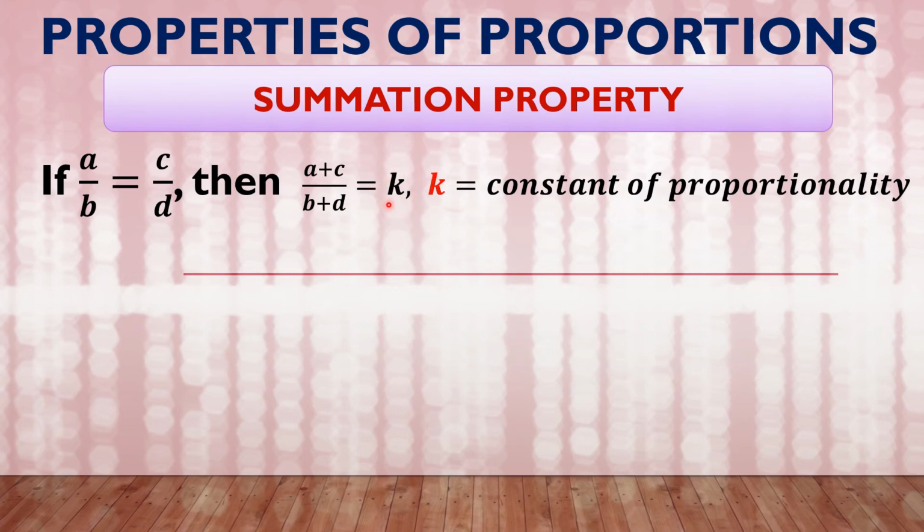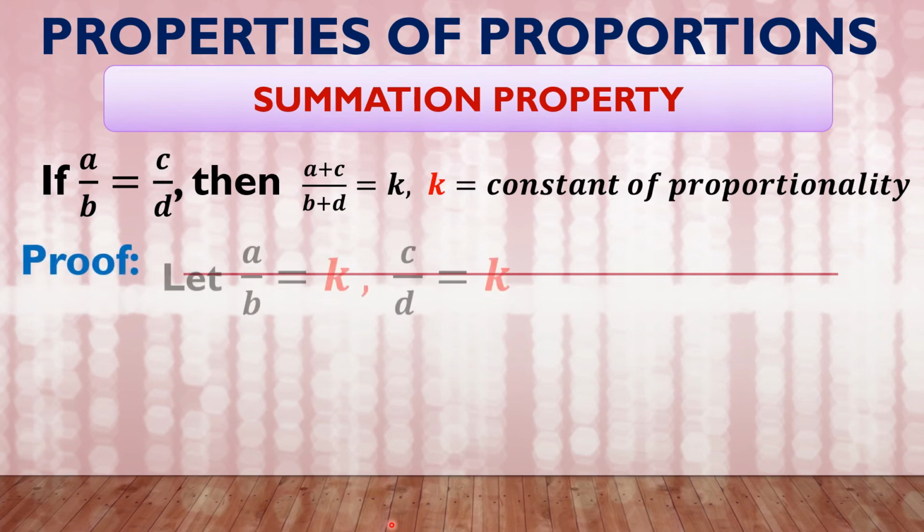Now, yung K na ito, yung tinatawag nating constant of proportionality, yung lowest term nilang dalawa. So, alam niyo naman ang lowest term. Pag sinabi na ang fraction ay naka-lowest term na, the GCF that exists between the numerator and denominator is just 1 or negative 1. So, let's prove.